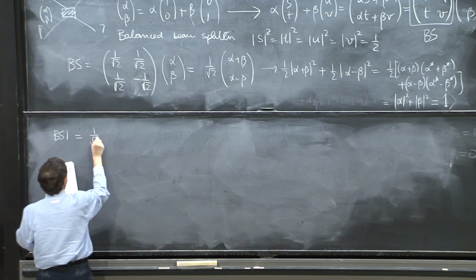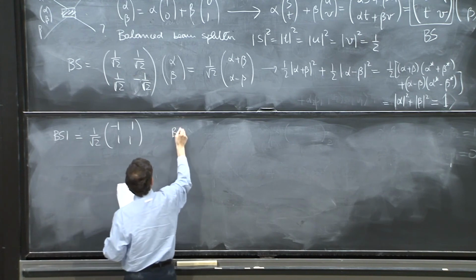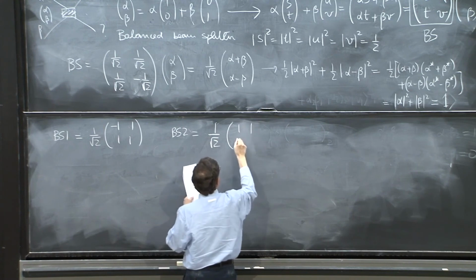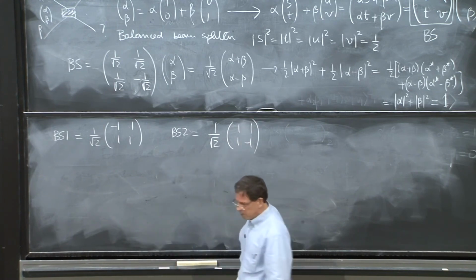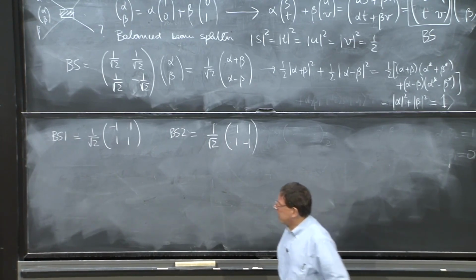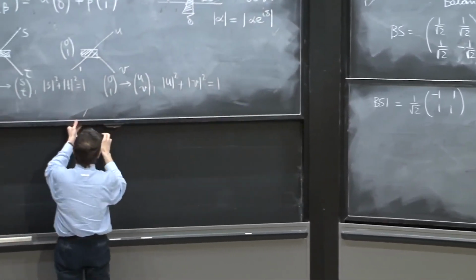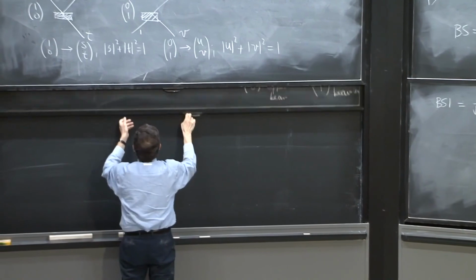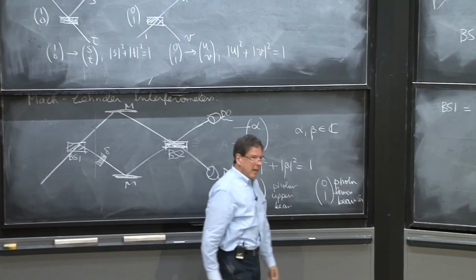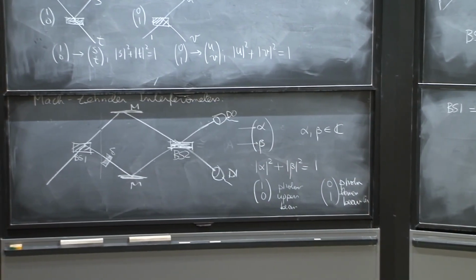Beam splitter 1 will have this matrix and beam splitter 2 will have the matrix we found here, which is 1, 1, 1, minus 1. So both of them work, actually, and both of them are good beam splitters. I call this beam splitter 1, and this beam splitter 2, and we'll keep that. And so we're ready now to think about our experiments with the beam splitters.